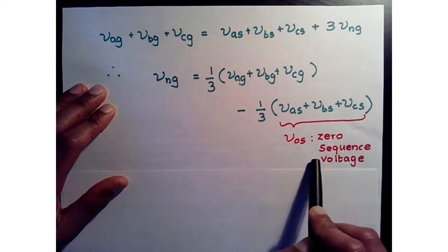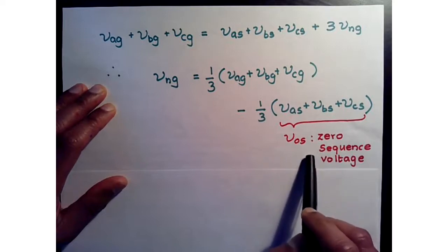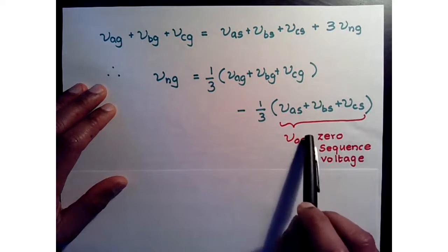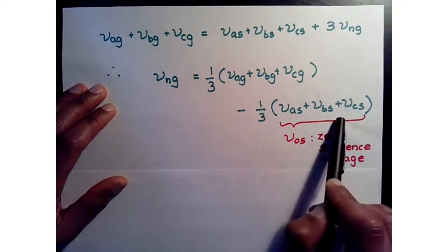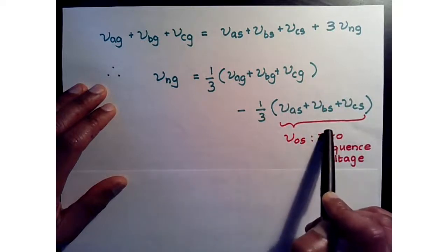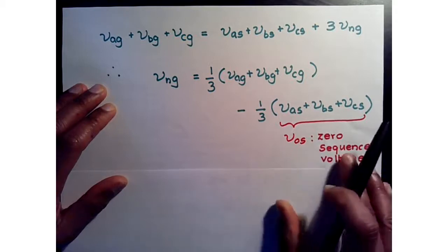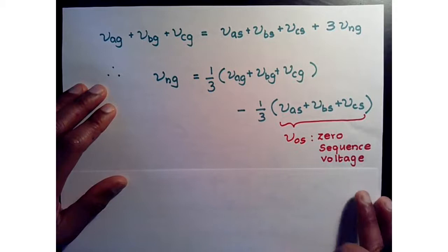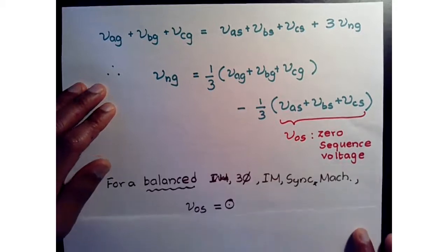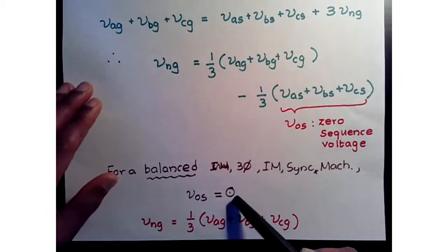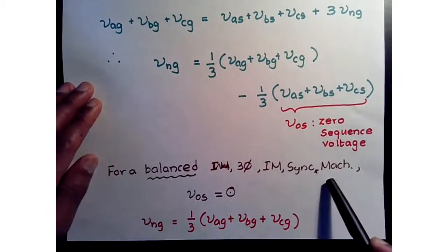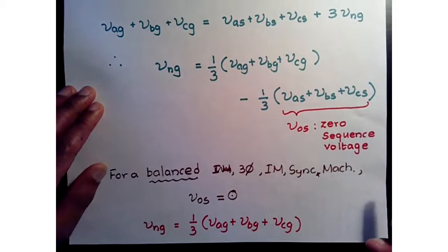For this to be 0, the machine has to be balanced, and the voltages have to be a balanced 3-phase set, and then this will go to 0. You can even prove this mathematically. I think I may have proven this in one of the previous classes. Now the zero sequence voltage is 0 for a balanced machine when you apply the 3-phase voltage.